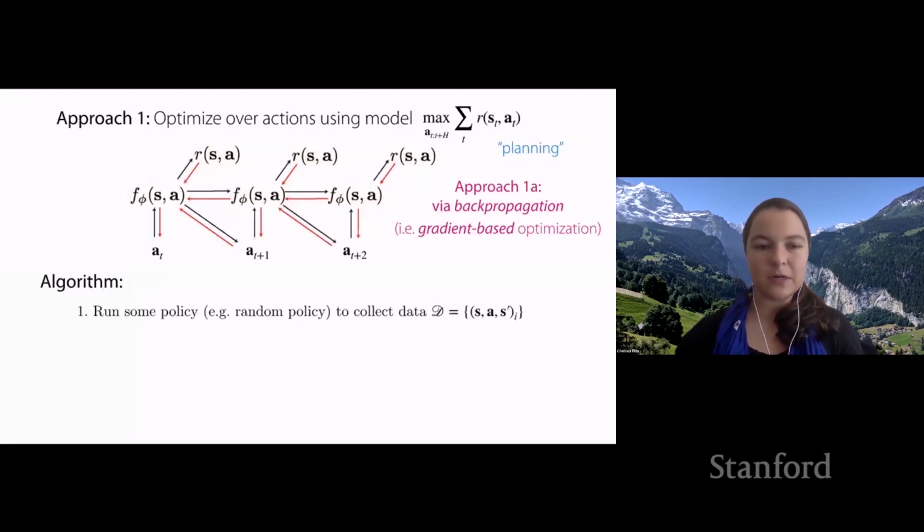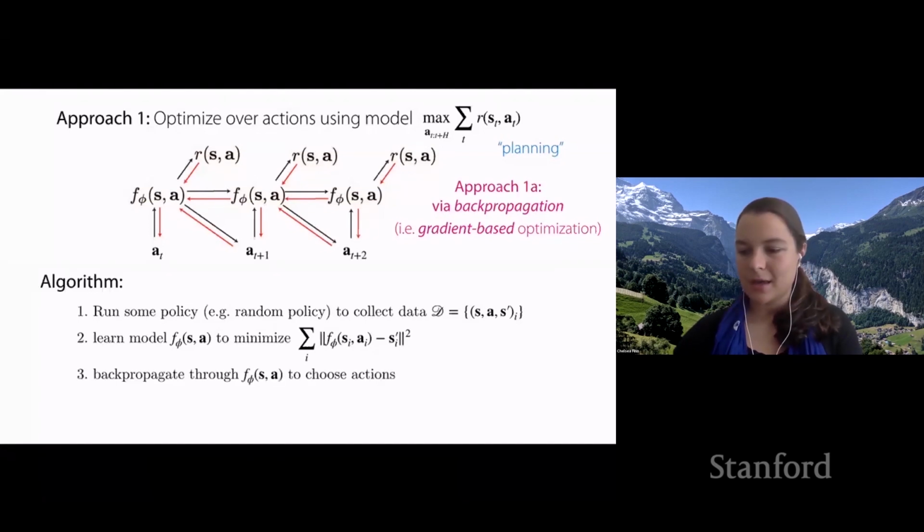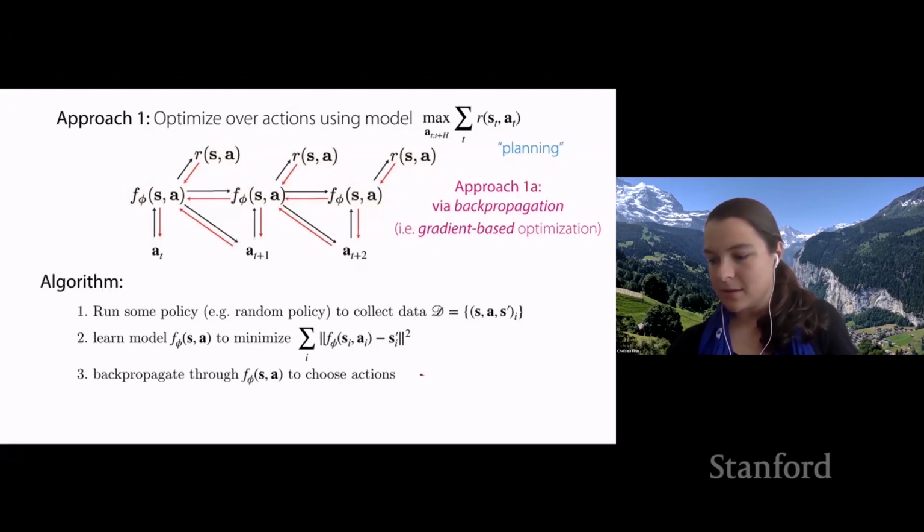The way this algorithm works is you first run some policy to collect data. You then learn a model to minimize your model error. And then you backpropagate through that model to choose a sequence of actions, A1 through AT, for example.